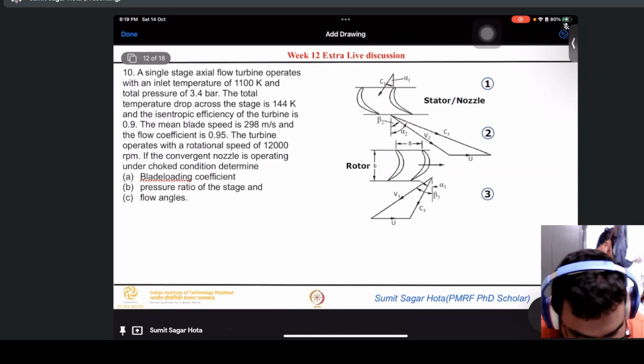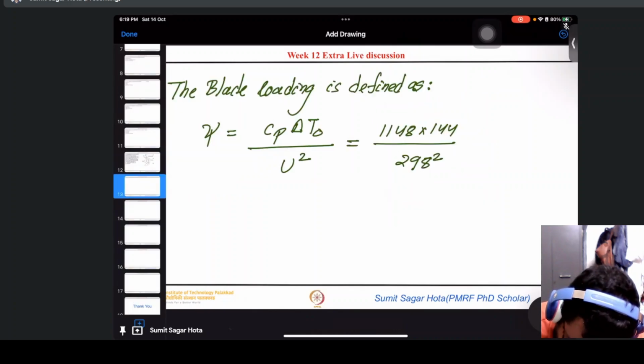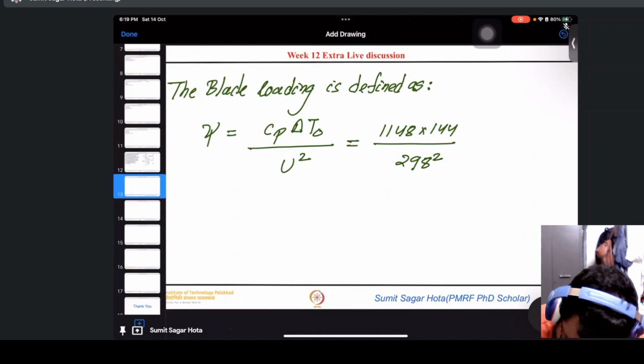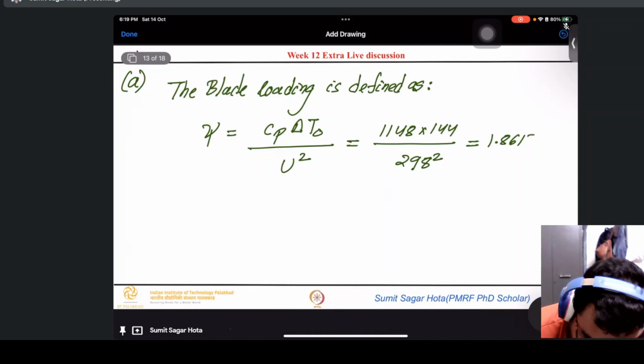Okay, get it? Okay, so what is the value? 1.8615. This is your answer.